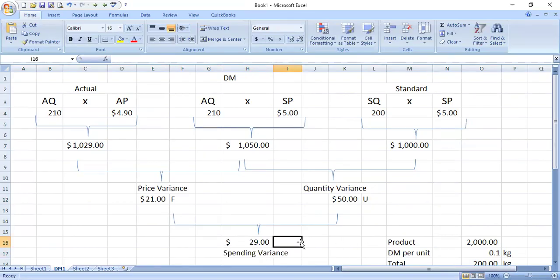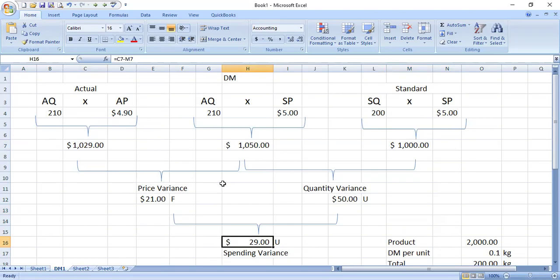Favorable or unfavorable now? Unfavorable. Again, because I'm supposed to spend $1,000, I'm spending $29 more. Are we understanding here? Actual cost is more than the standard. So that drives a $29 unfavorable variance.